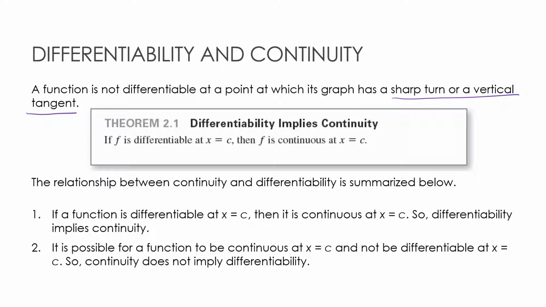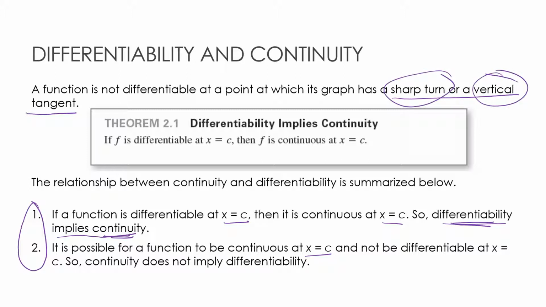So again, summarized here in our two points, if a function is differentiable at the point x = c, then it's continuous at x = c. So differentiability implies continuity. It is, however, possible for a function to be continuous at the point and not be differentiable, because it might be a sharp turn or it might be a vertical tangent line.